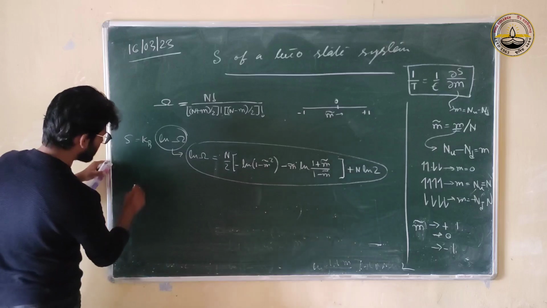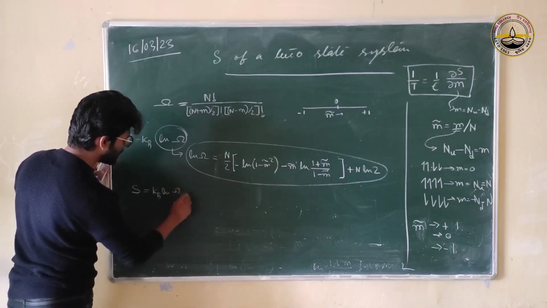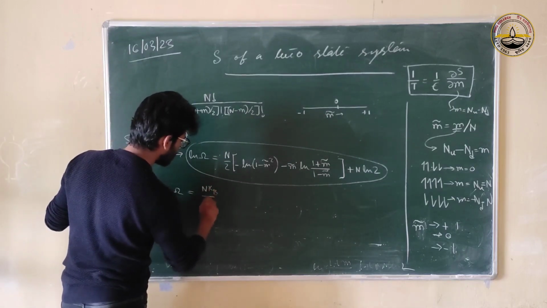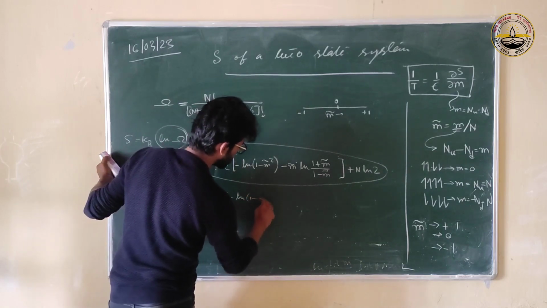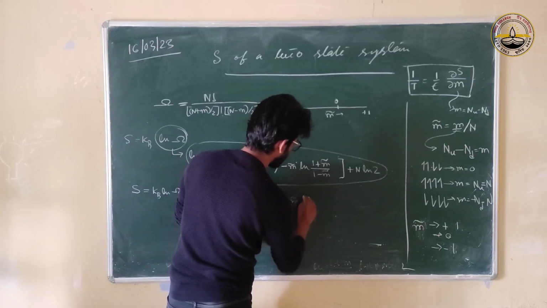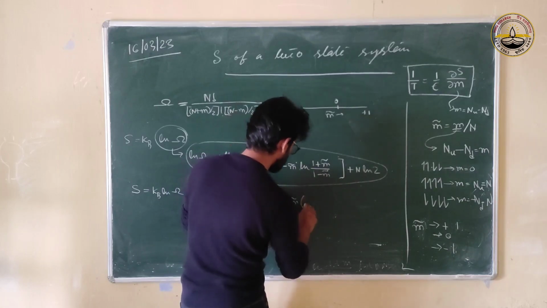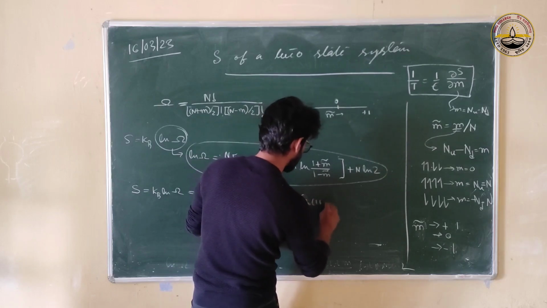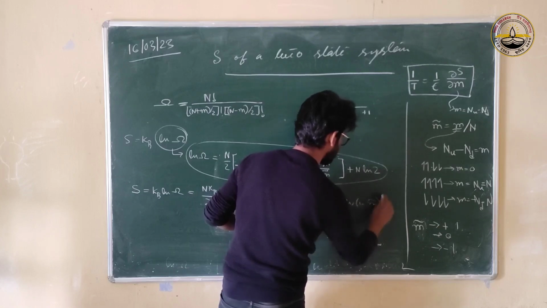Now, let me write down the entropy, Kb ln omega. So that just becomes n times Kb by 2, and this thing: ln of 1 minus m tilde square, minus m tilde ln of, let me spread it out, ln of 1 plus m tilde minus ln of 1 minus m tilde.